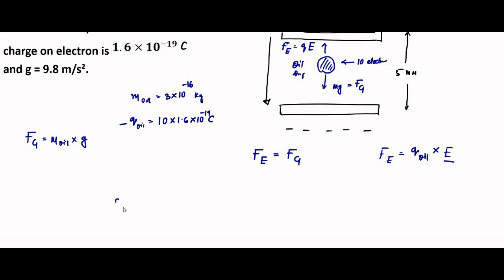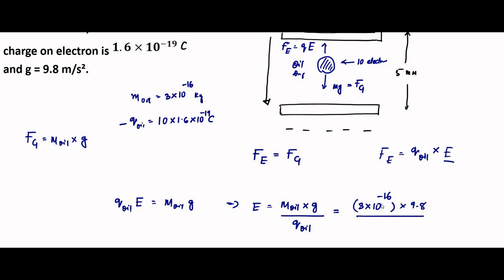So Q_oil times E is equal to the mass of the oil into g. That implies E is equal to the mass of the oil drop into g divided by the charge on the oil drop. That is 3 into 10 to the power minus 16 into 9.8 divided by 10 into 1.6, that is 1.6 into 10 to the power minus 18 coulomb.